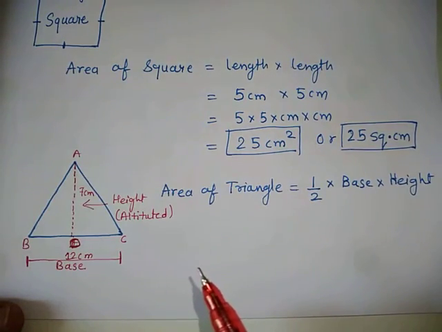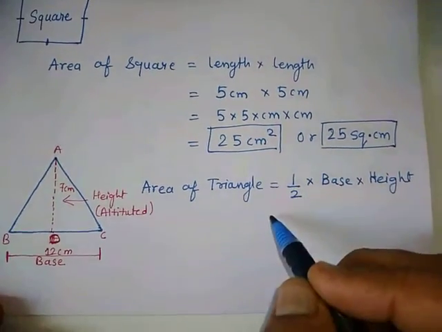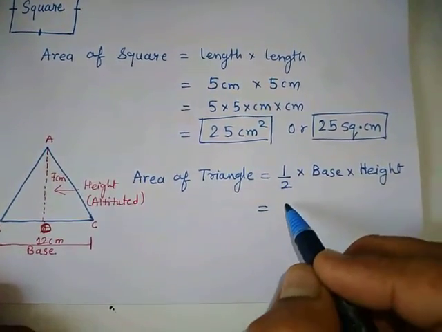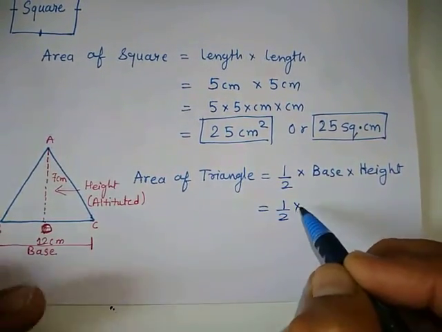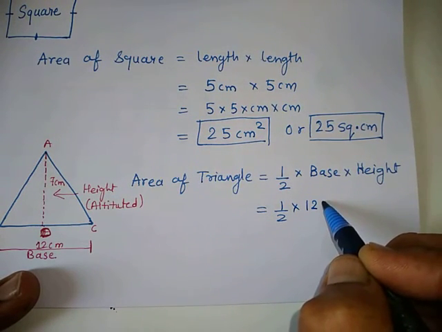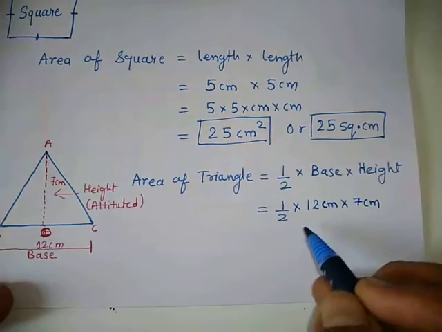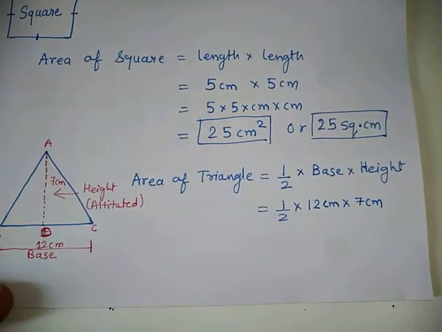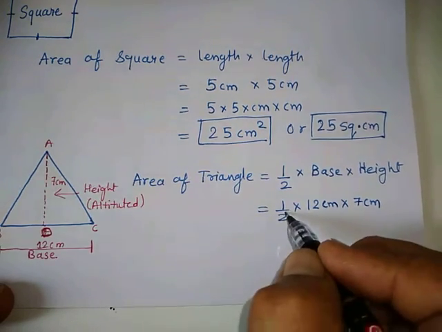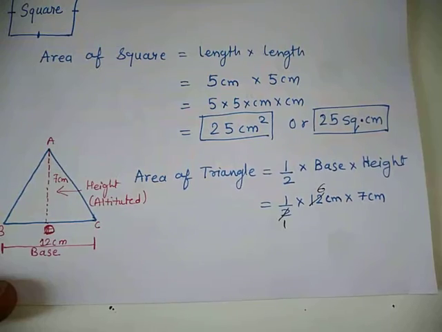Then here we can find area of triangle, that is half multiplied by base, which is 12 centimeter, multiplied by 7 centimeter height. So we can cancel it out. Is cutting possible? Yes sir. 2 ones are 2, 2 sixes are 12.